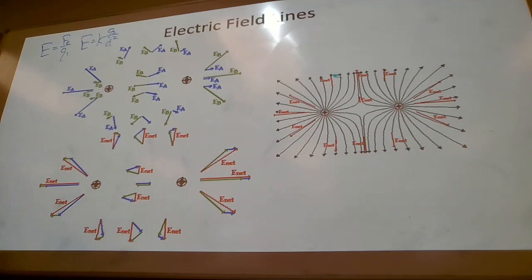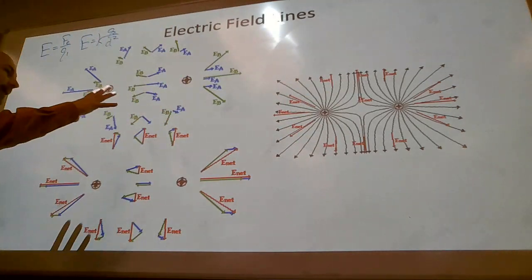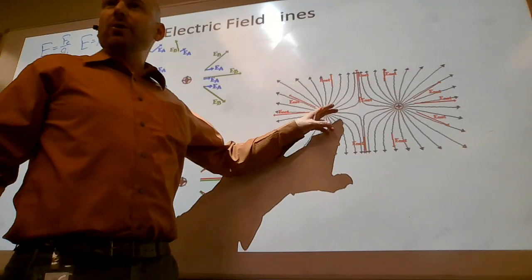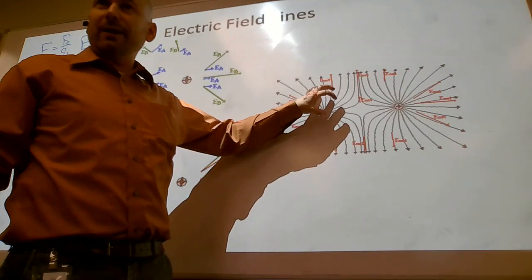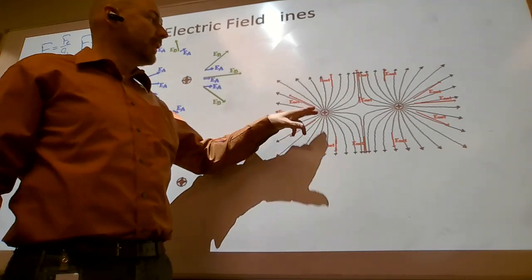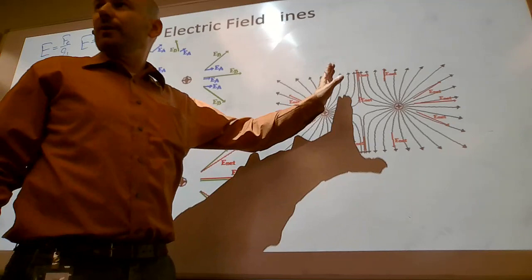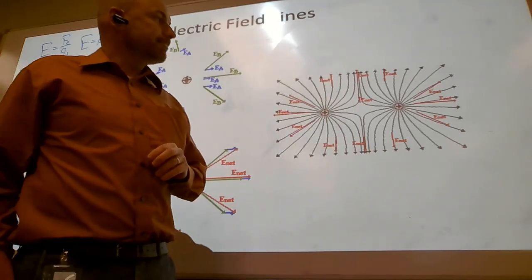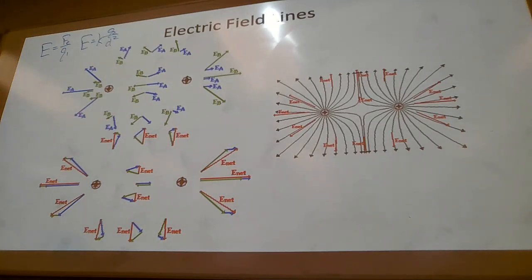I think I described how to read these on the video, but they always go out of positive, always go into negative. Electric field lines don't cross. The closer the lines are together, the stronger the field is. The more densely packed they are, the stronger the field is. The electric field lines will always go perpendicular from the surface of the source creating it. Yeah, characteristics of electric field lines. Okay.